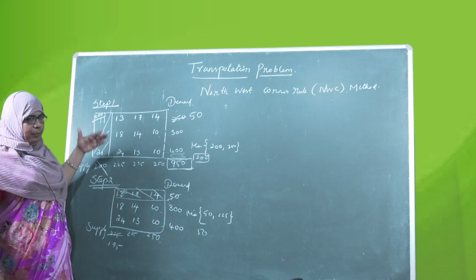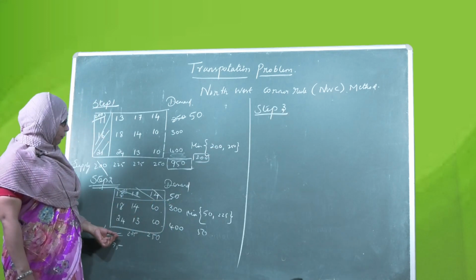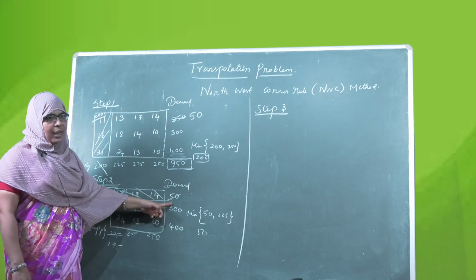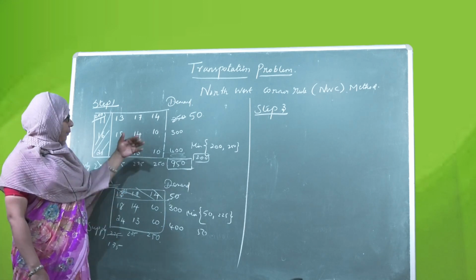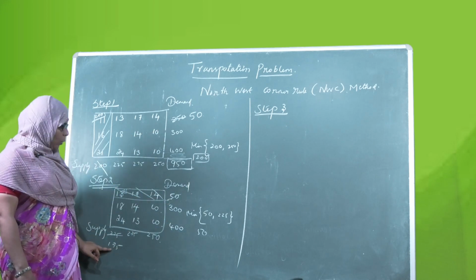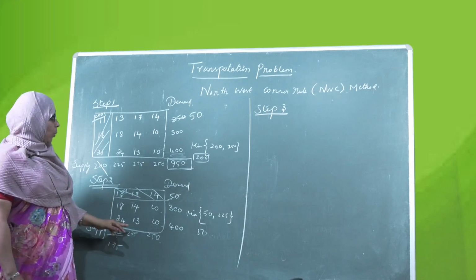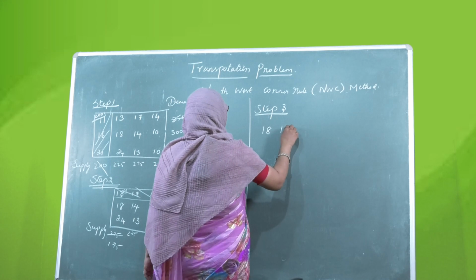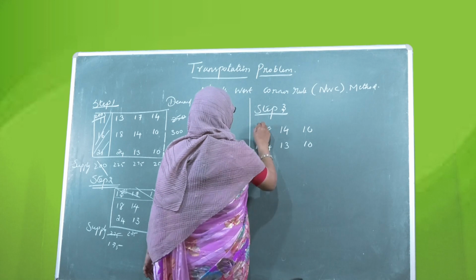Move on to step 3. Likewise, we can do it for the problem. The remaining elements are 18, 14, 10, 24, 13, 10.